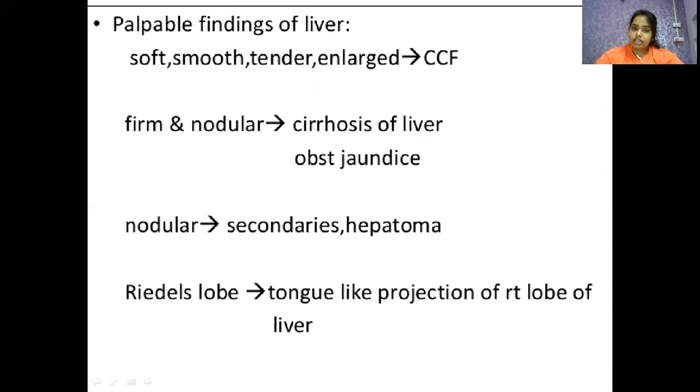A firm and nodular liver is found in cirrhosis and obstructive jaundice. A nodular liver is found in secondary deposits. And Riedel's lobe is a tongue-like projection of the right lobe of the liver.